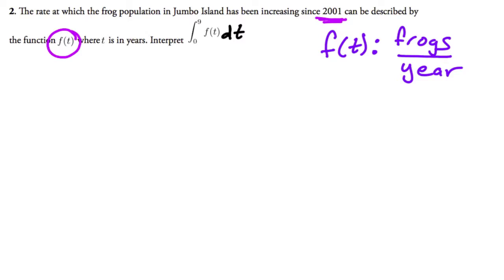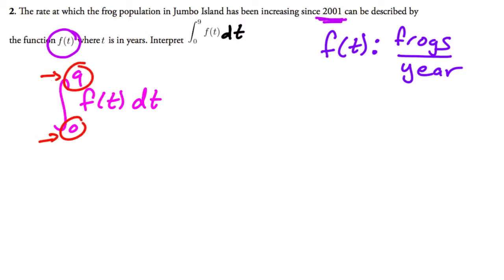So the interpretation of the integral from 0 to 9 of f of t dt: remember, these limits are units of time, in this case years.